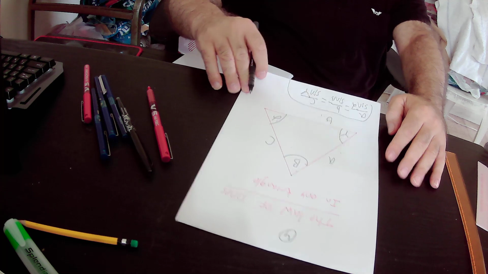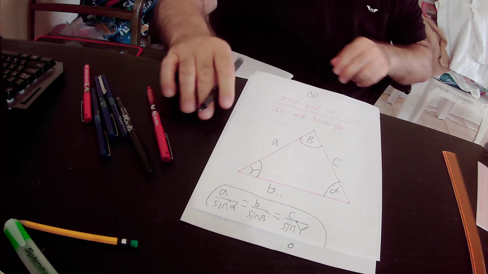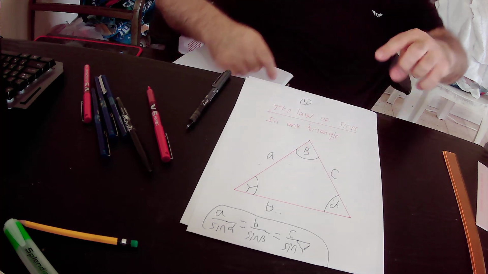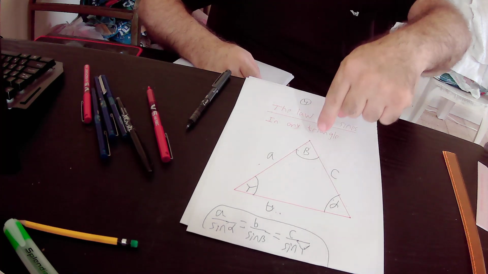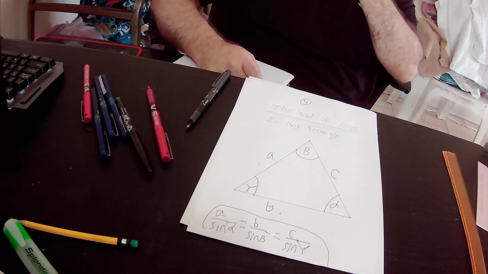Again, in any triangle, a over sine alpha equals b over sine beta equals c over sine gamma.